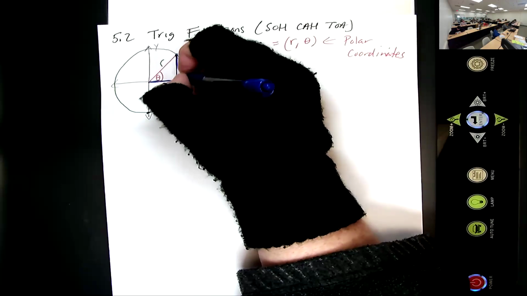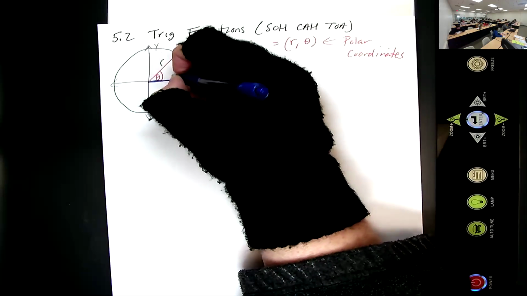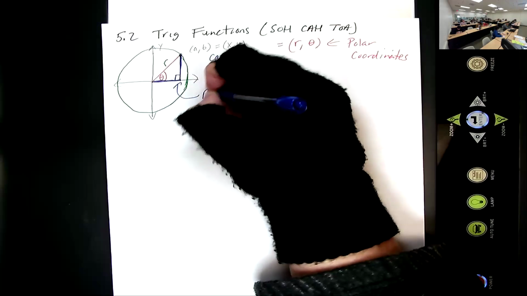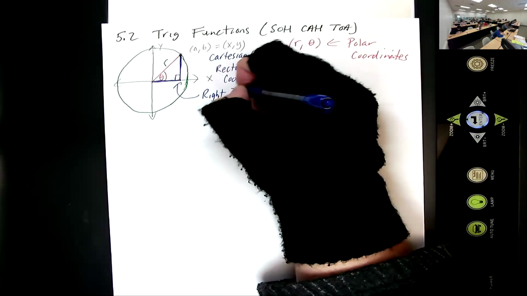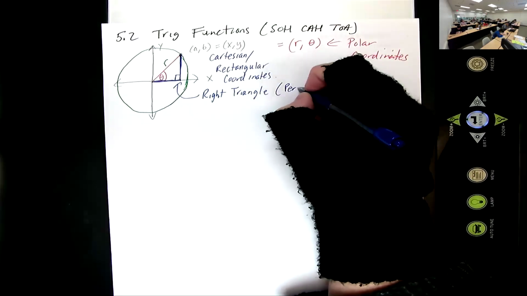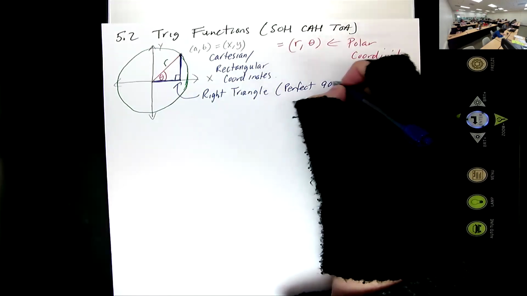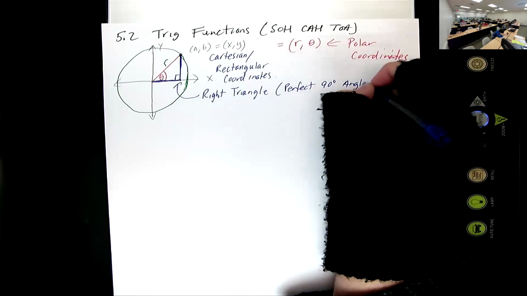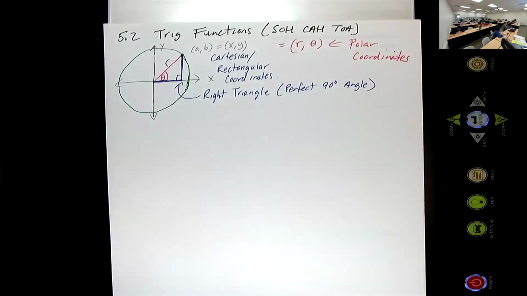So now I have what's called a right triangle, because that's a perfect 90-degree angle. And we use a box to indicate a perfect 90-degree angle.